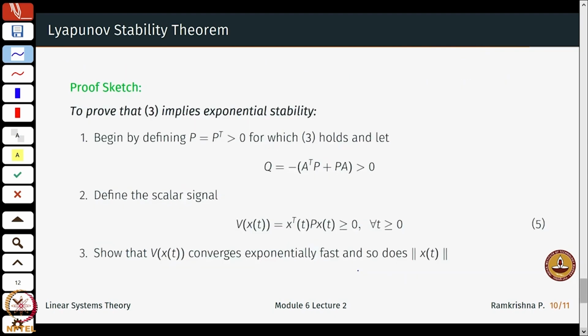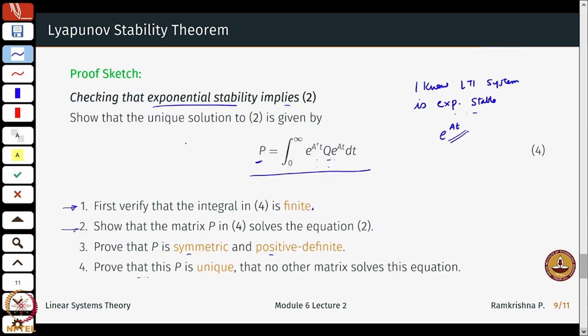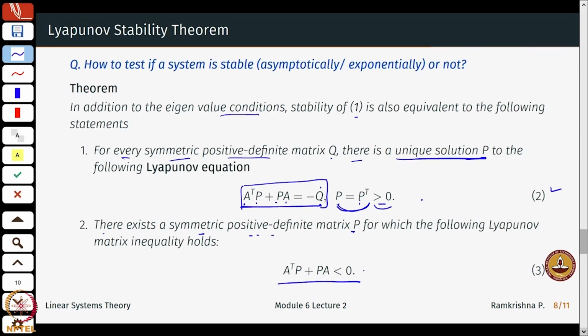So, what are the proof steps? It might look a little tricky, but we will do it one by one. We will show that whenever this expression holds, it implies exponential stability. So, we will assume this to be true.